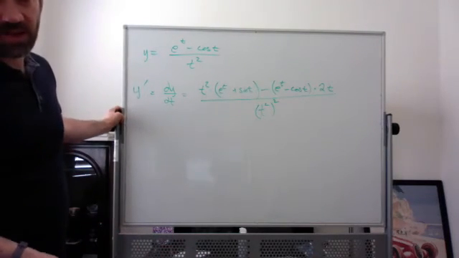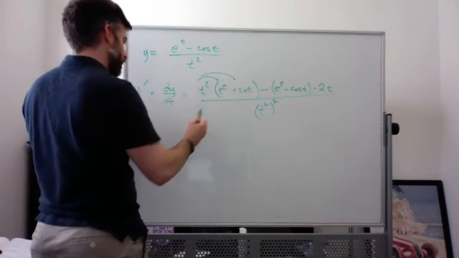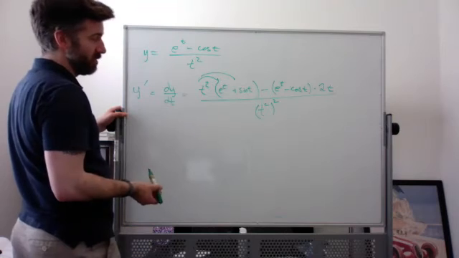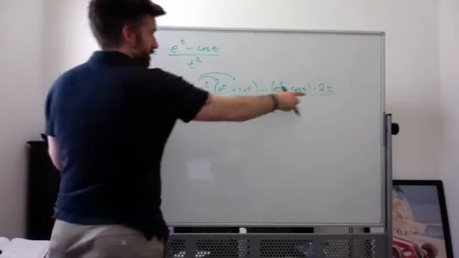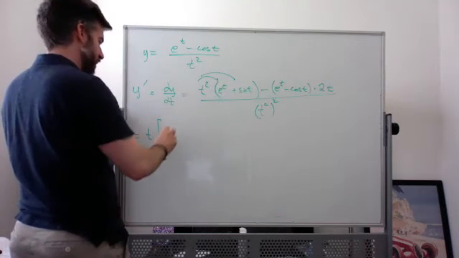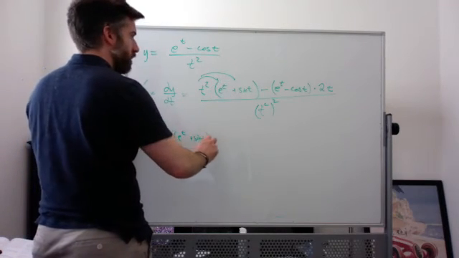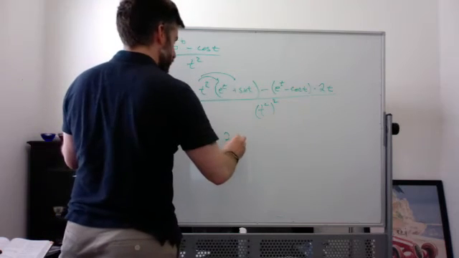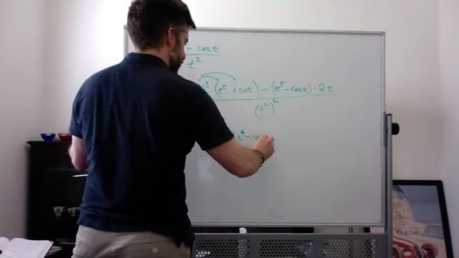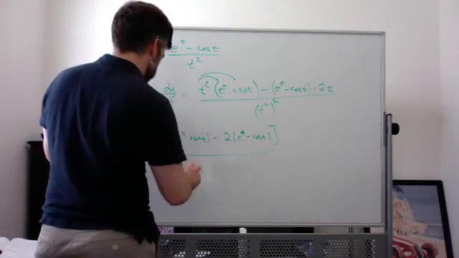And again, I'm not big on simplifying, but we could simplify this, right? You could distribute this t squared. Well, actually, really what we should do is factor out a t. There's a t squared here and there's a t there. You could factor out a t. And then you're left with a t times e to the t plus sine of t, minus a 2 times e to the t minus cosine of t. The t went away because I factored it out, all over t to the 4th.